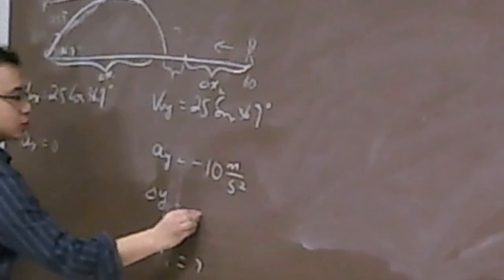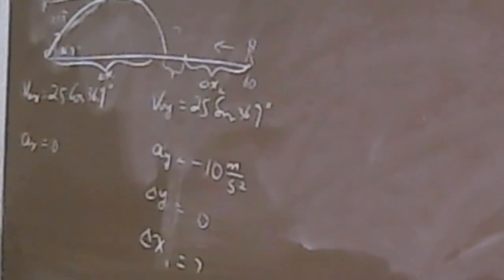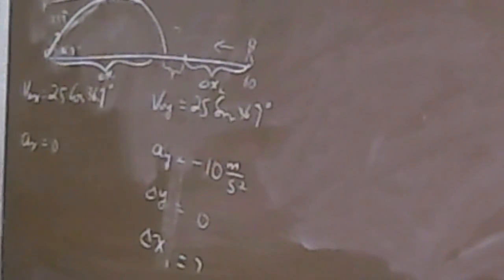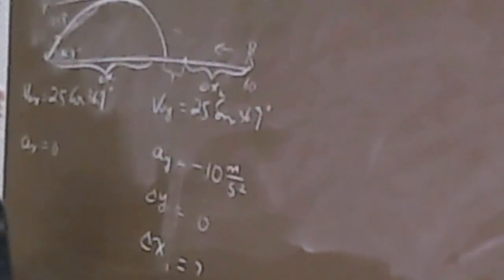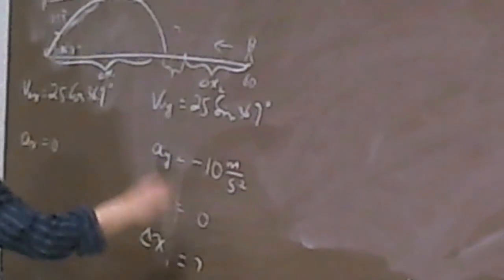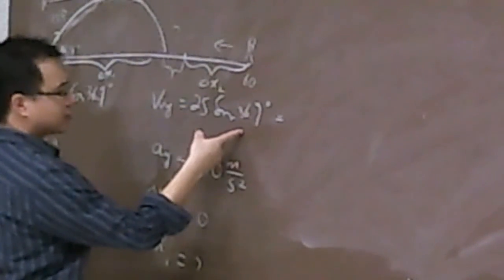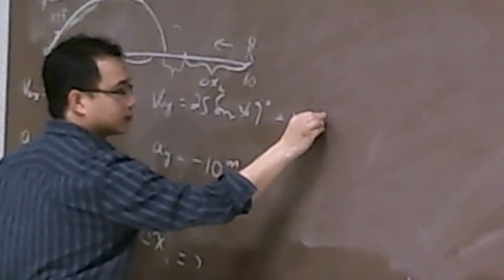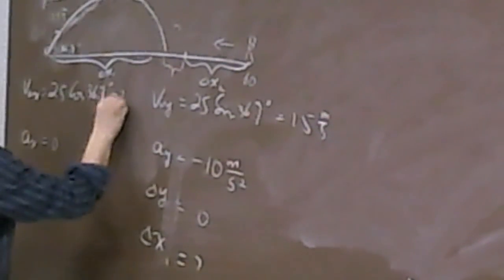Delta y equals 0. From ground to ground, you don't have the height difference. So combine these three. By the way, this is the calculation. This is 15. This is 25.